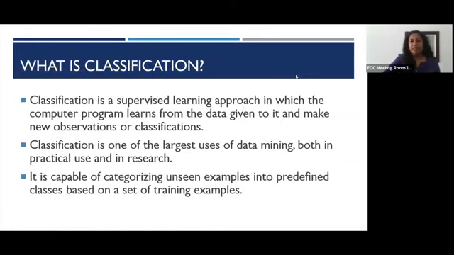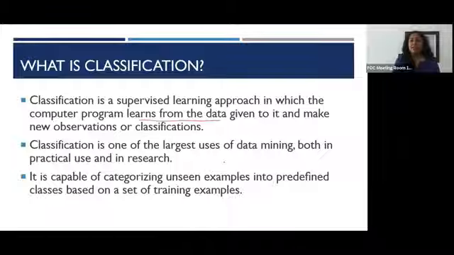Okay, now into what is classification, right? Classification is a supervised learning approach, which I already told you, in which the computer learns from the data. Of course, the computer learns from the data in supervised and unsupervised both.